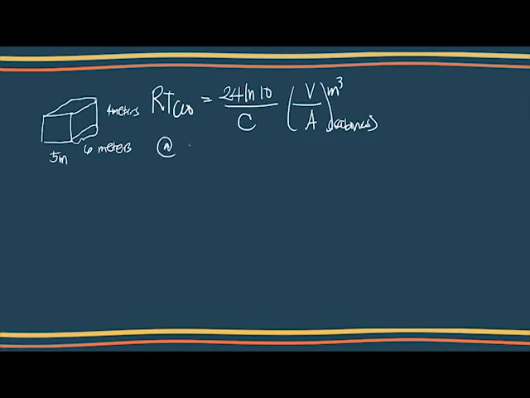At room temperature, 24 ln 10 over C is approximately 0.16.